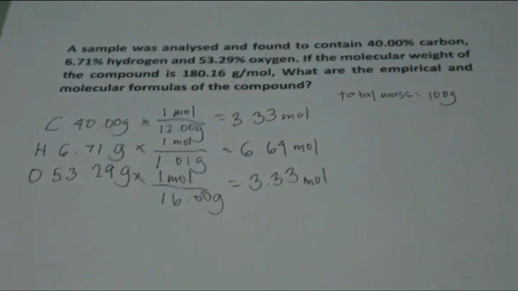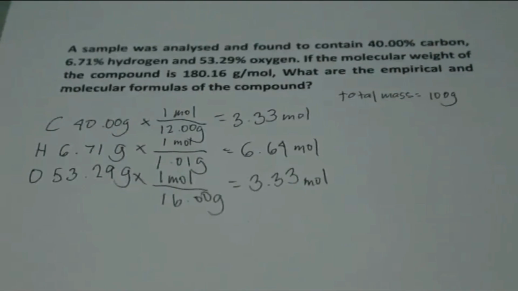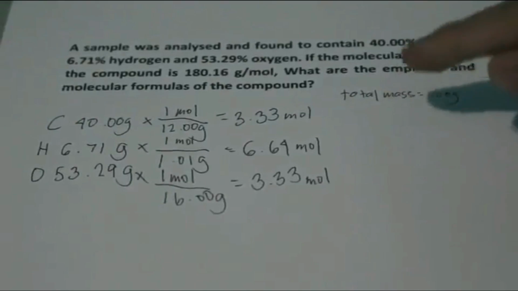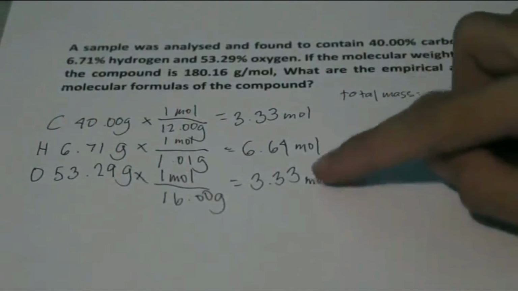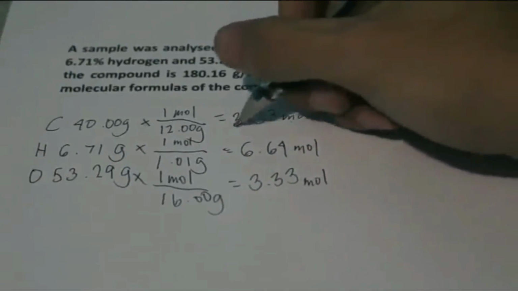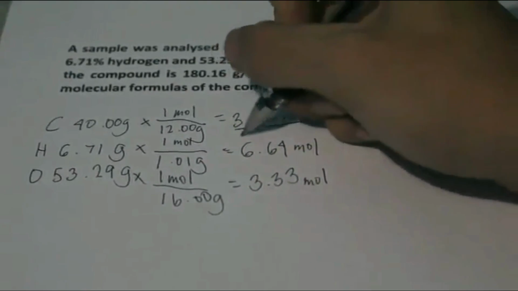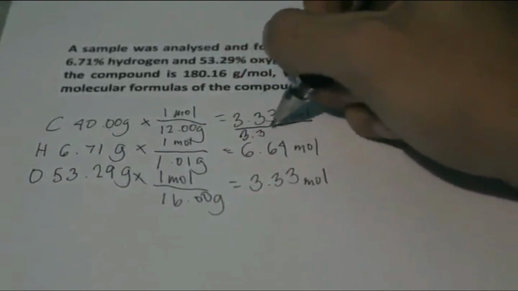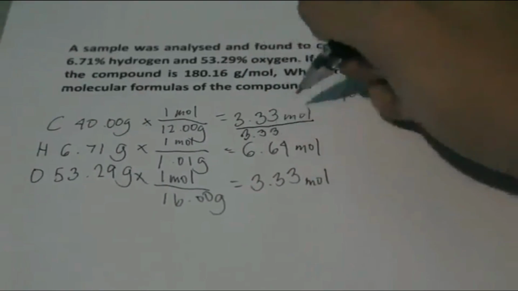Now let's find the ratio of each element. To do that, we will simply divide each element by the smallest mole. The smallest mole we have is 3.33, so we will divide by it.